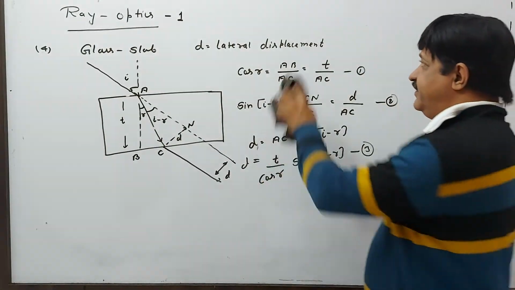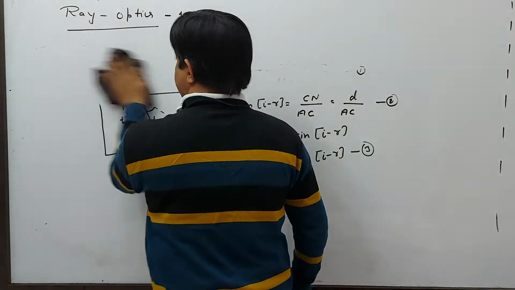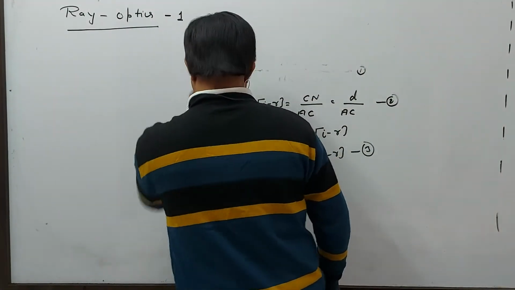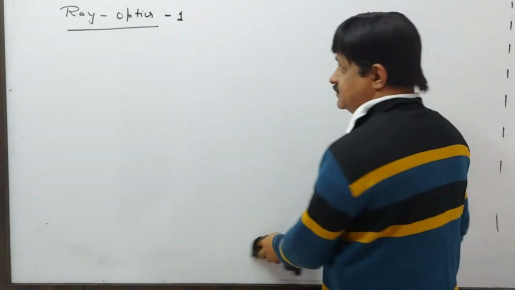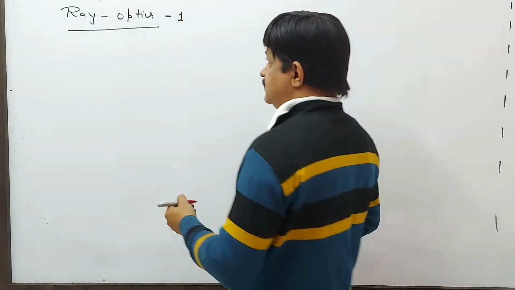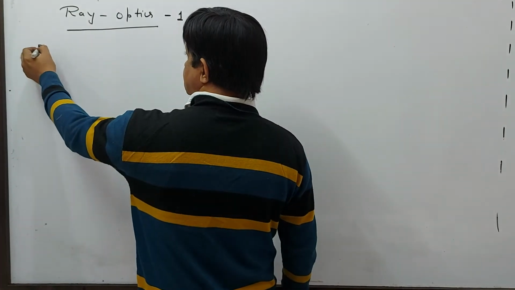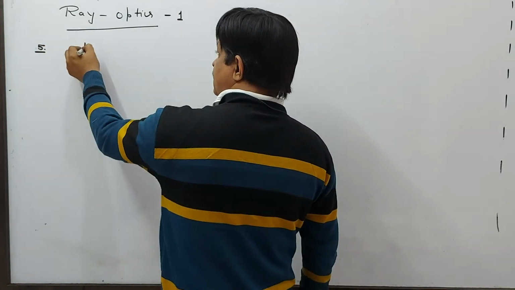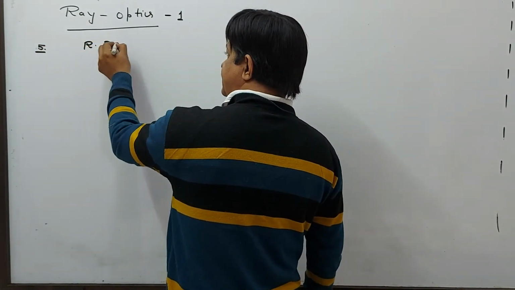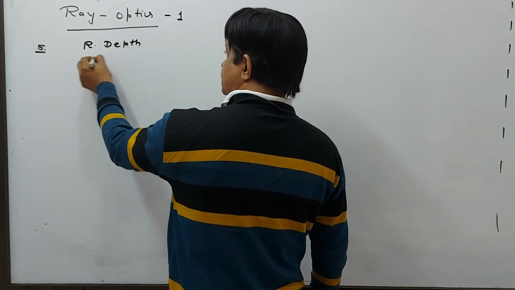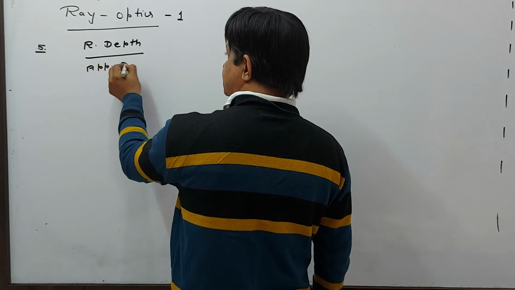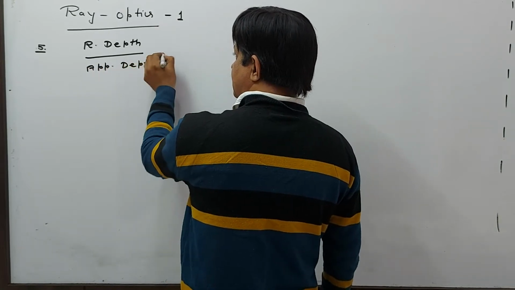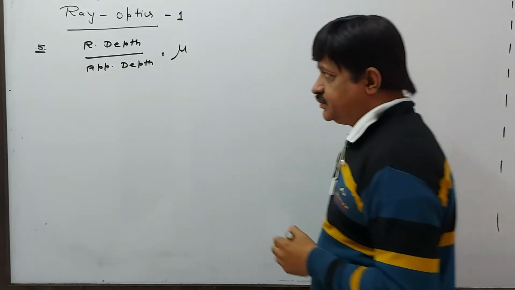Concept number 5. The ratio of real depth to apparent depth is equal to the refractive index mu.